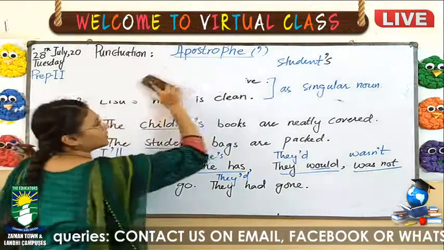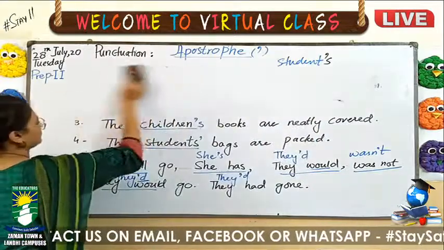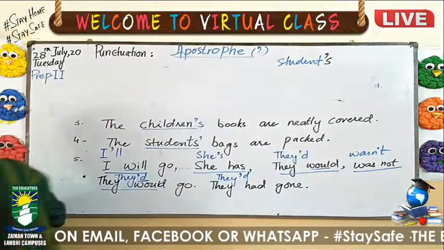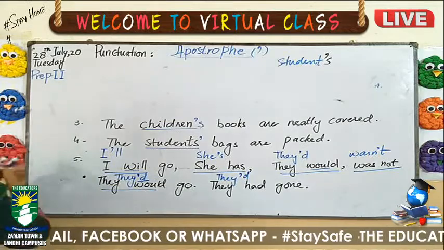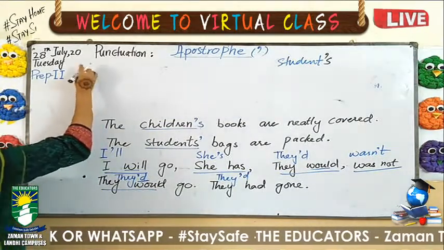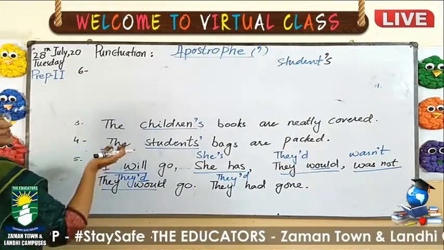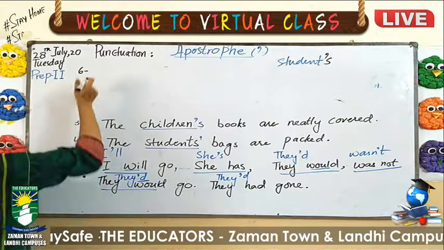The third usage of apostrophe. Apostrophe is used to separate the S from letters, numbers and abbreviations.